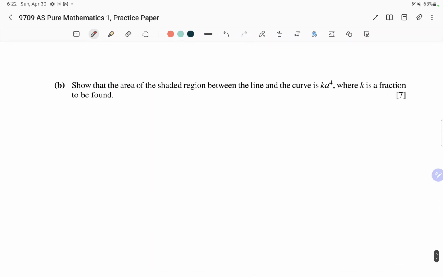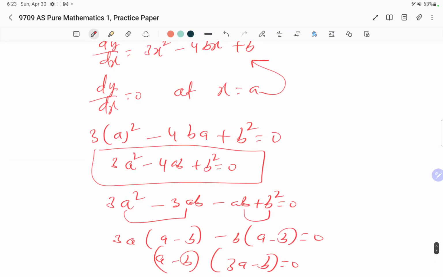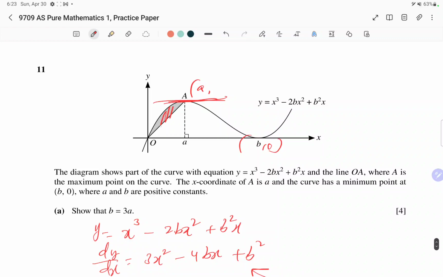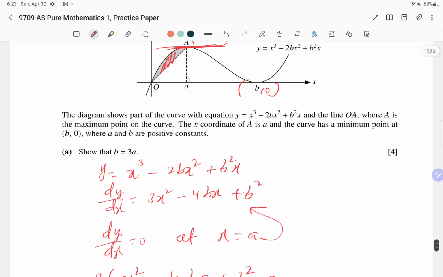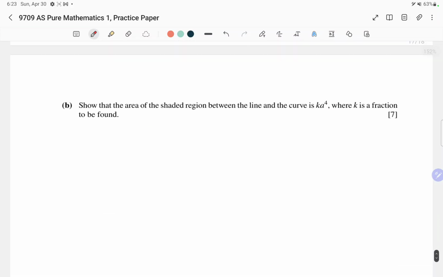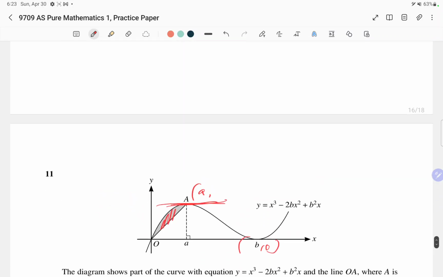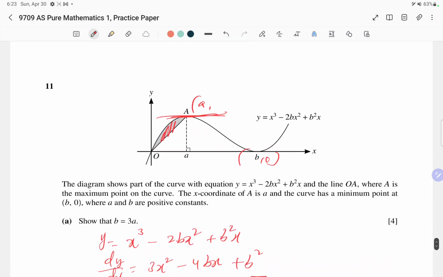Show that the area of the shaded region between the line and the curve is this. So simply we need to find the area. We could integrate the upper part and lower part and subtract, but this is a straight line and a curve, right? But I can subtract a triangle area.